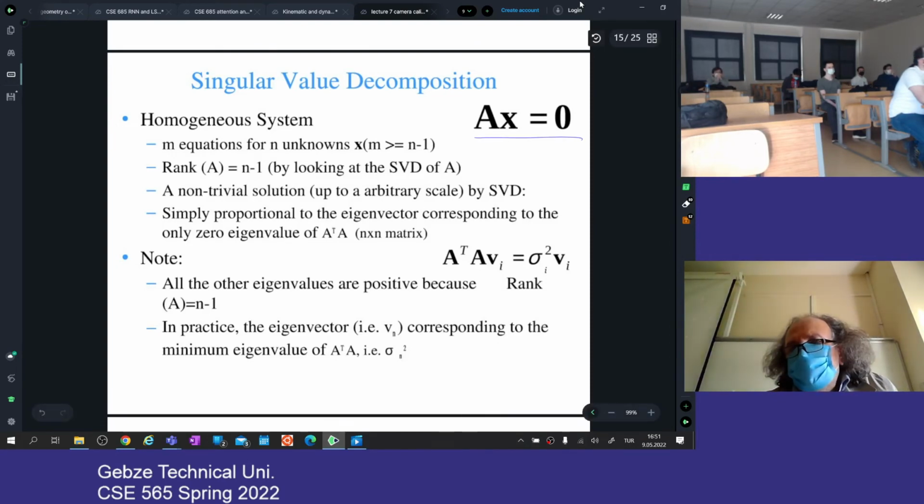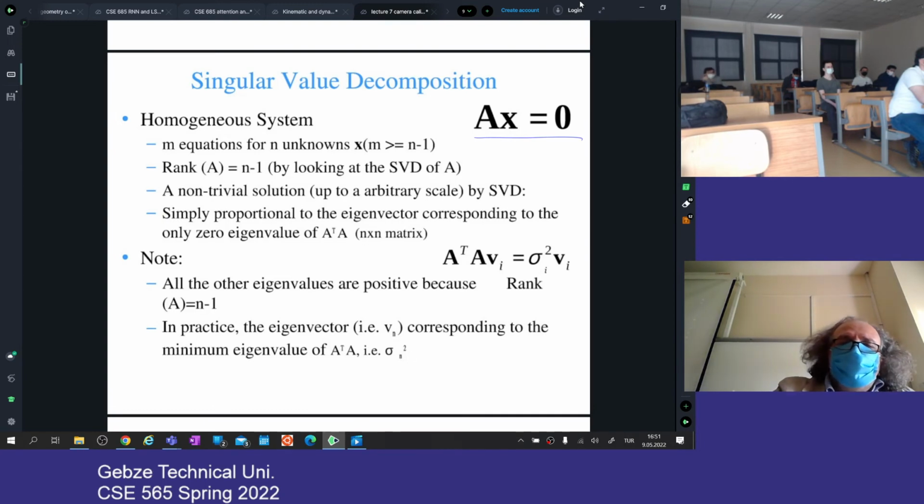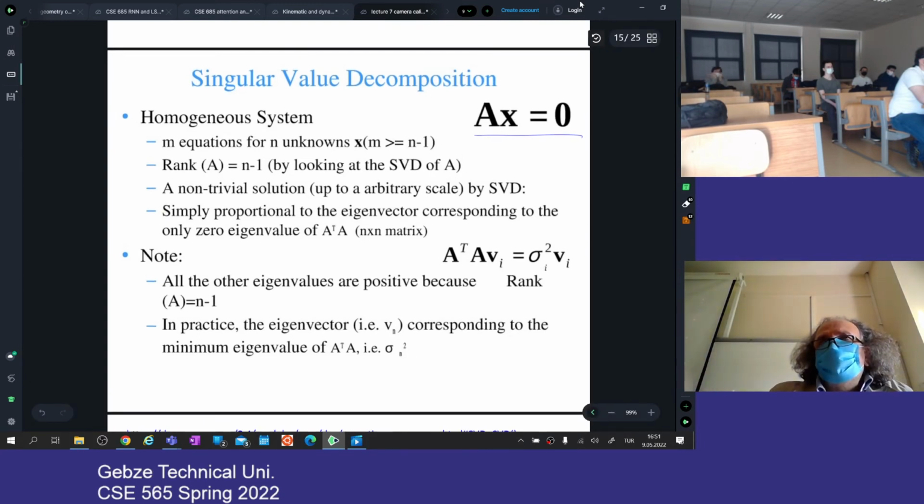Remember, this is a homogeneous system. That's the definition of a homogeneous system. If you have a linear equation like this, matrix times x equal to 0, this is called a homogeneous system. Why? Because if you find a solution x, I can multiply x with any constant k, and that's again another solution. That's called a homogeneous system.